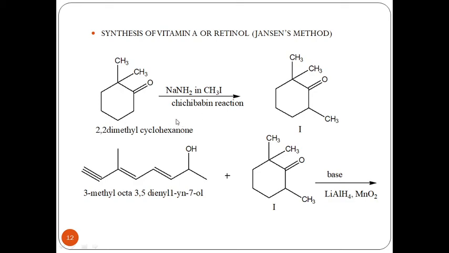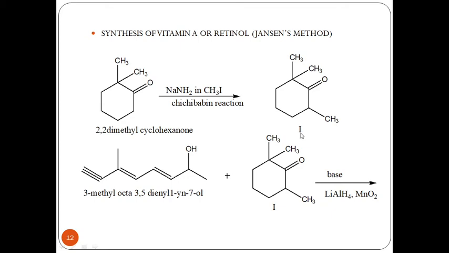In this reaction, a CH3 gets introduced adjacent to the carbonyl carbon. Sodamide acts as a base, abstracts the proton, and in turn CH3 is introduced.